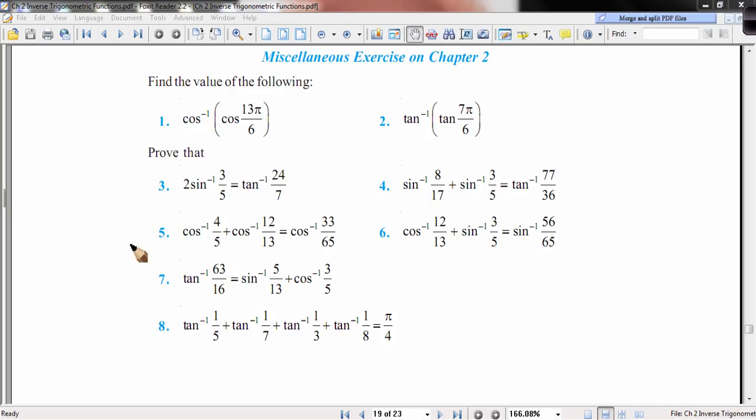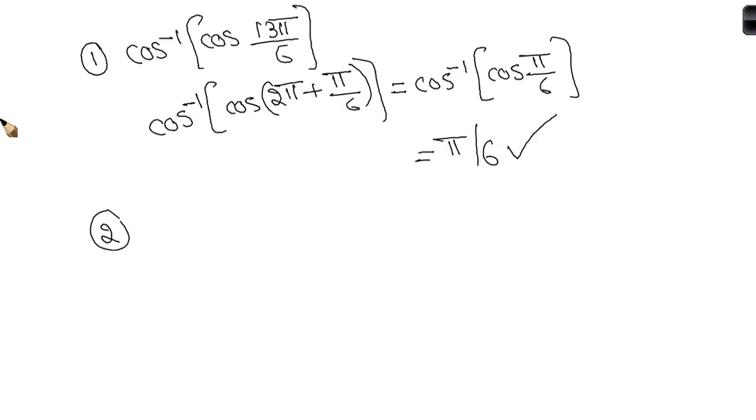Next one is tan inverse of tan of 7 pi by 6.